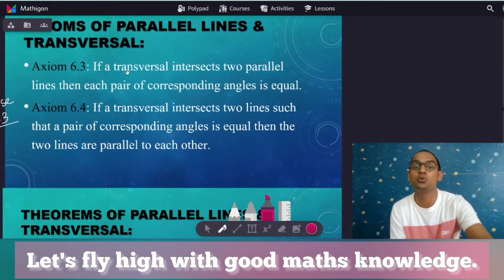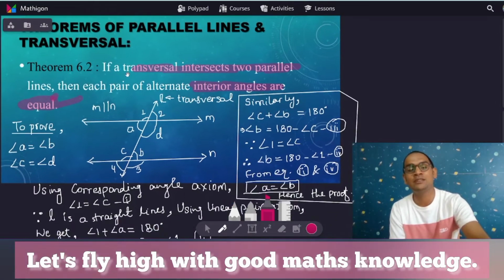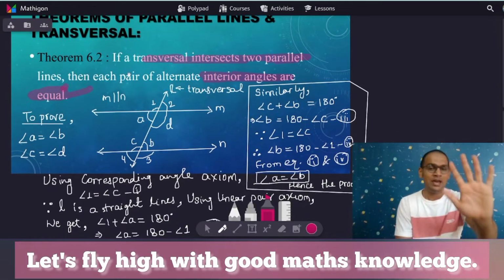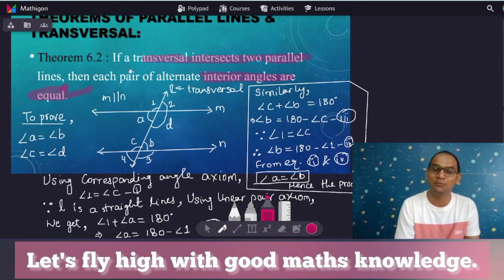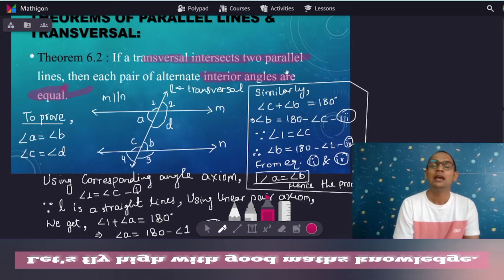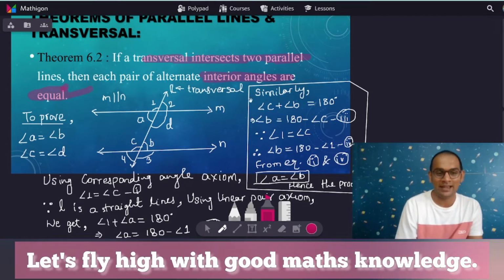Let's try to prove it. As I told, in proving we take help of either the axioms or already proven theorems. Right now we don't have any proven theorem, so we will take help of the axiom which we have just completed, the corresponding angles axiom.